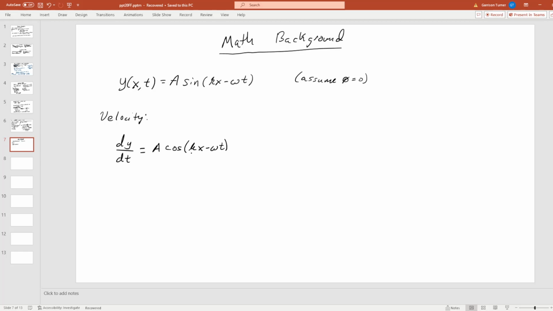And when we take the derivative of the argument, we get a minus omega. So this becomes minus A omega cosine kx minus omega t.